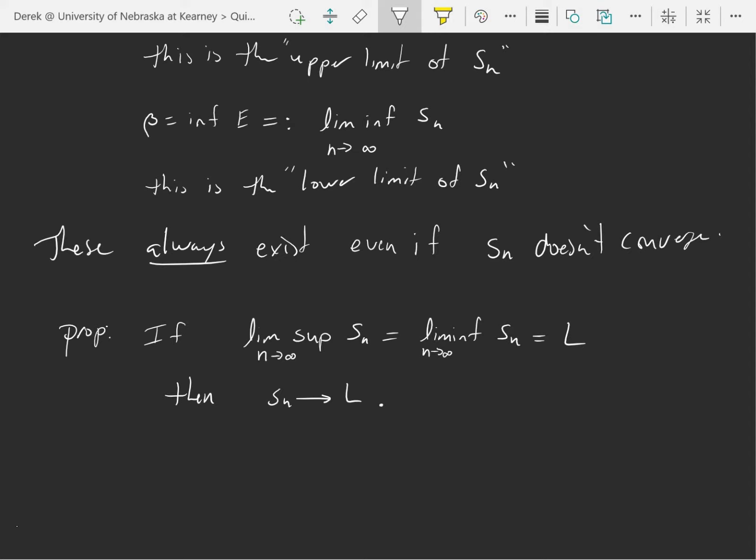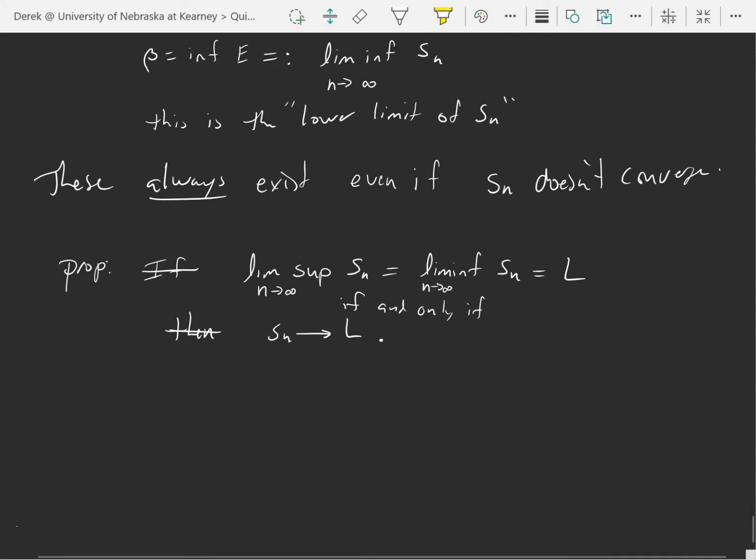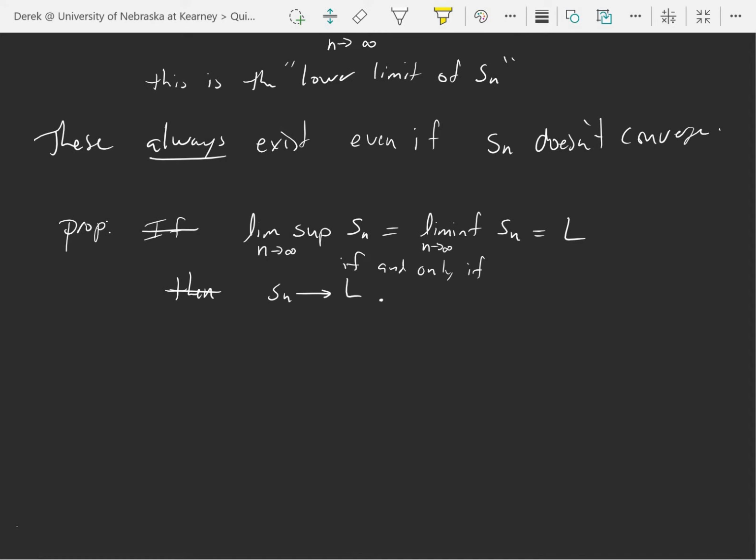So that's kind of an if and only if. So if the lim sup and the lim inf are equal, the sequence converges. If the sequence itself converges, the lim sup and the lim inf are equal to L. Okay, but if it doesn't converge, they still exist, and they still have some difference between them.